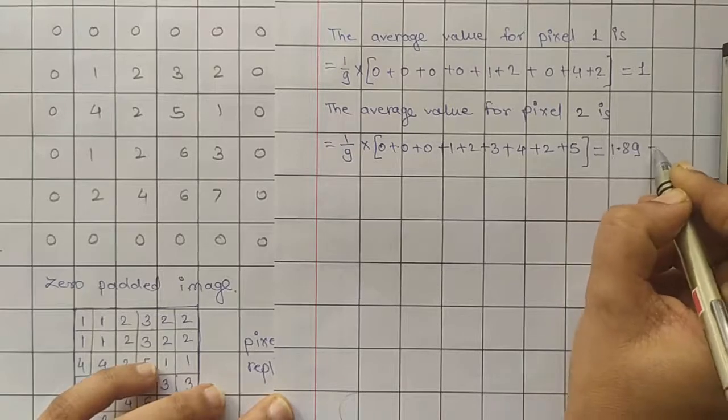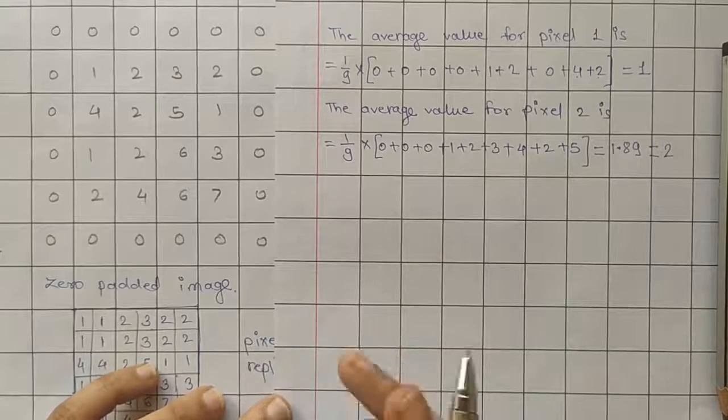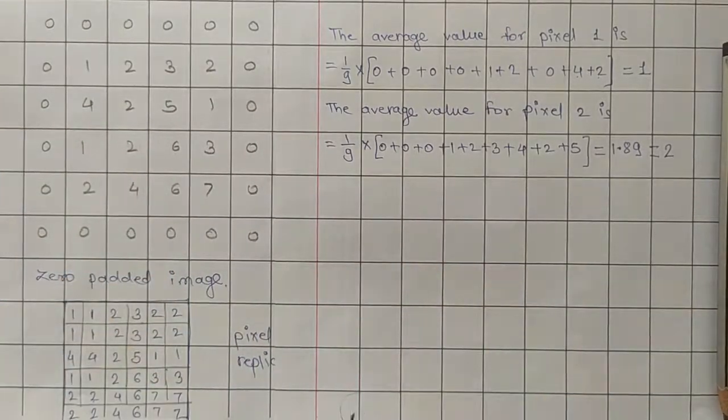So 1.89 we round up and put as 2, because pixel values cannot be represented in decimals. So we round up to 2.